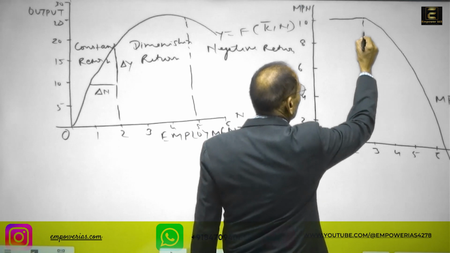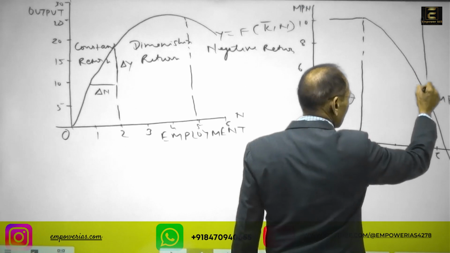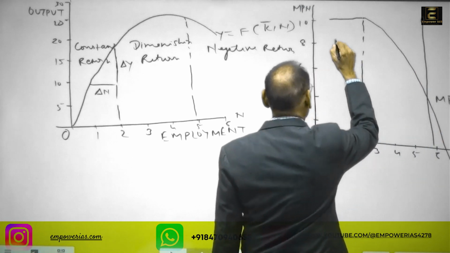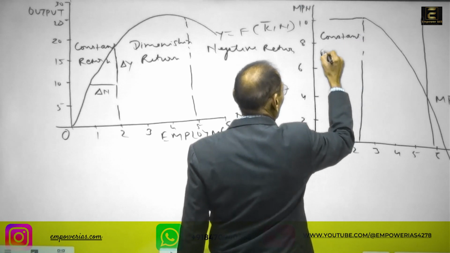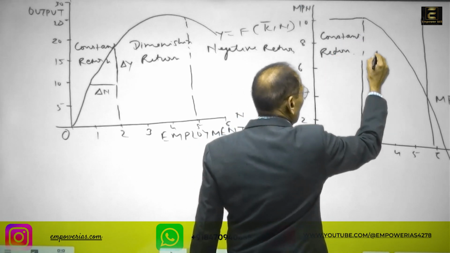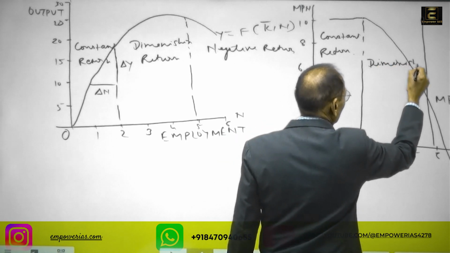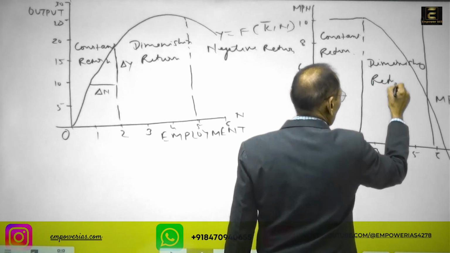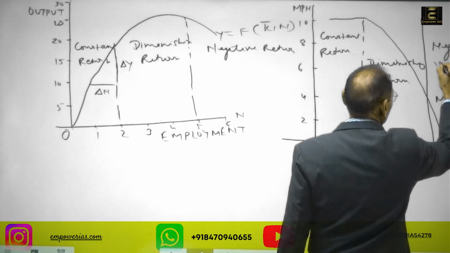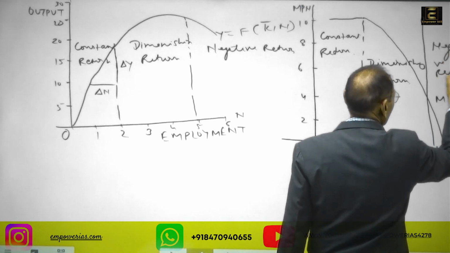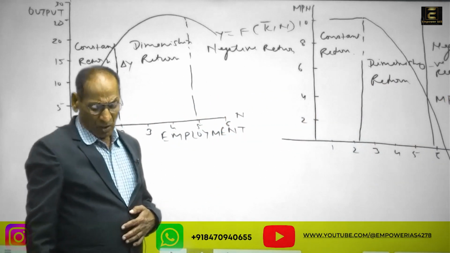This again shows constant return, diminishing return, and negative return.